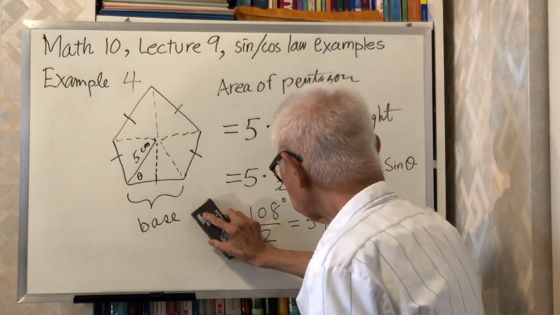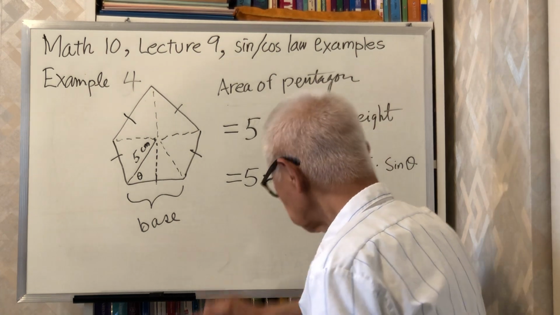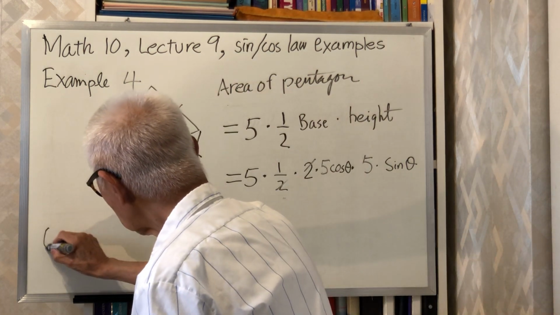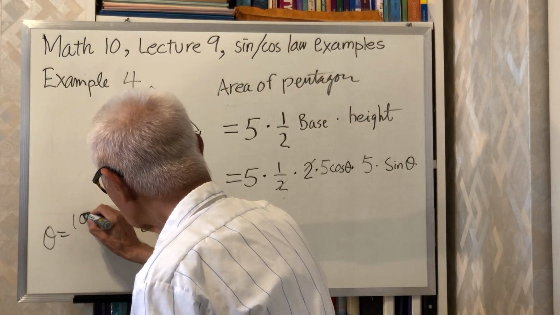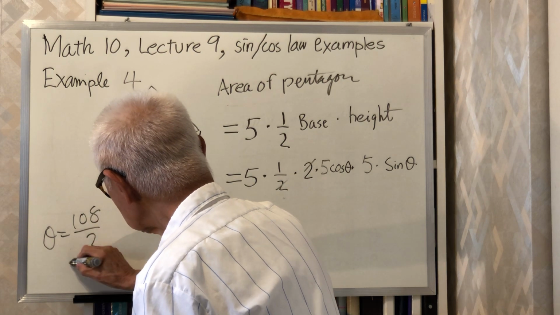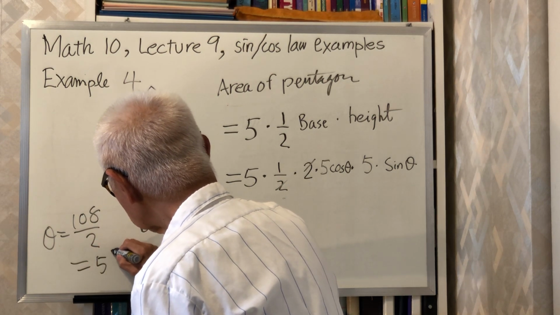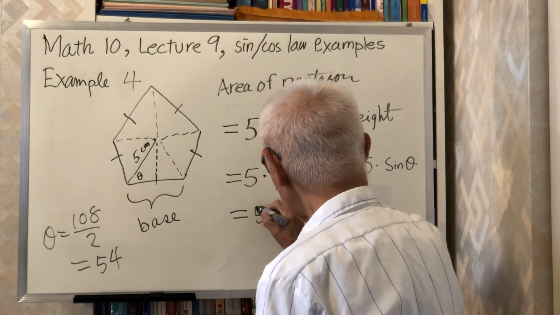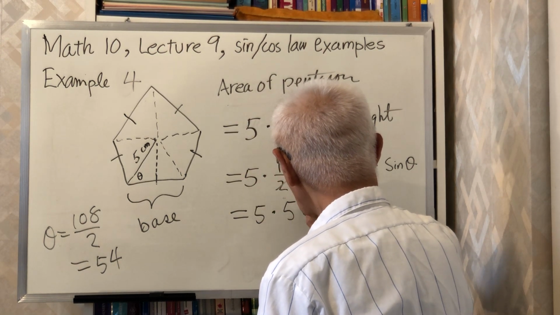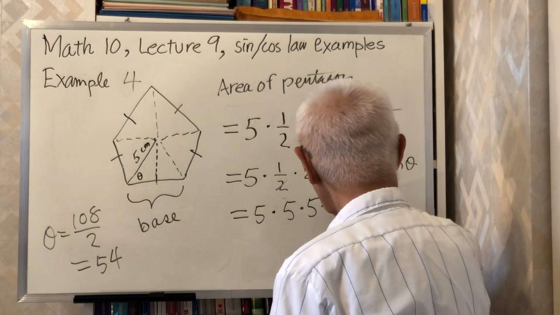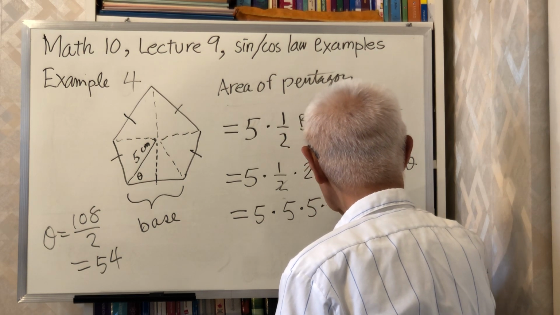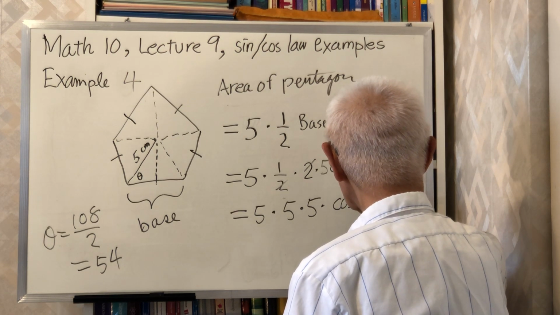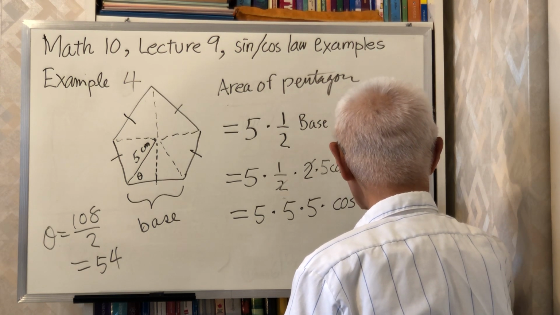Let me put this beside everything. So this theta is 108 divided by 2, which is 54. So this should be 5 times 5 times 5 times cosine 54 times sine 54.